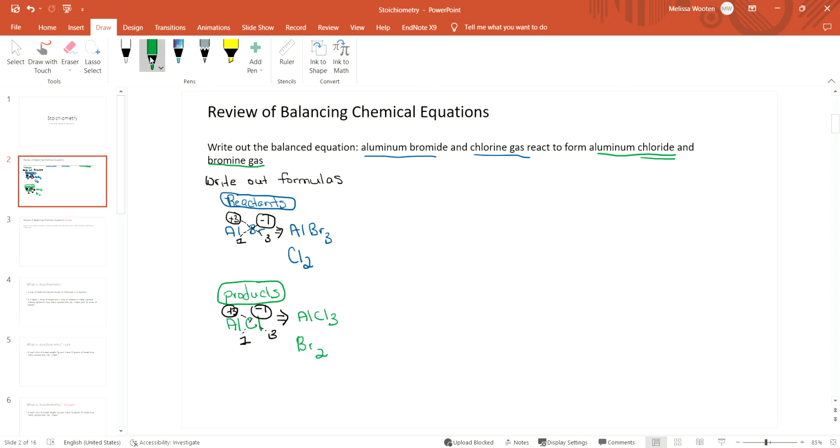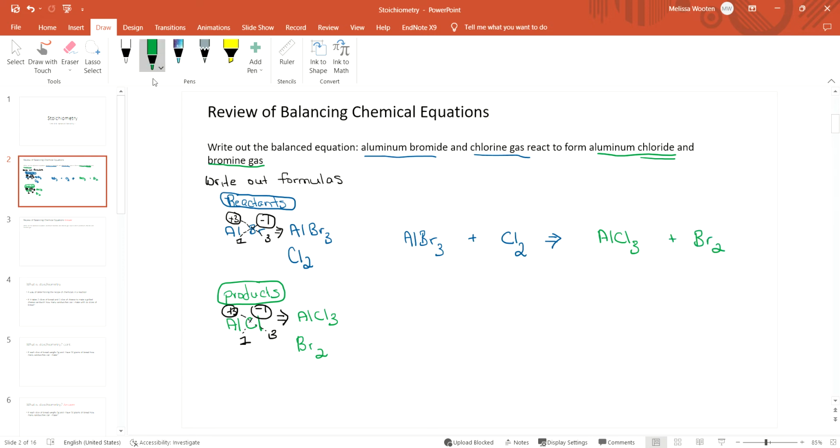Okay, and so let's write out our equation. I'm going to have AlBr3 plus Cl2 goes to AlCl3 plus Br2.